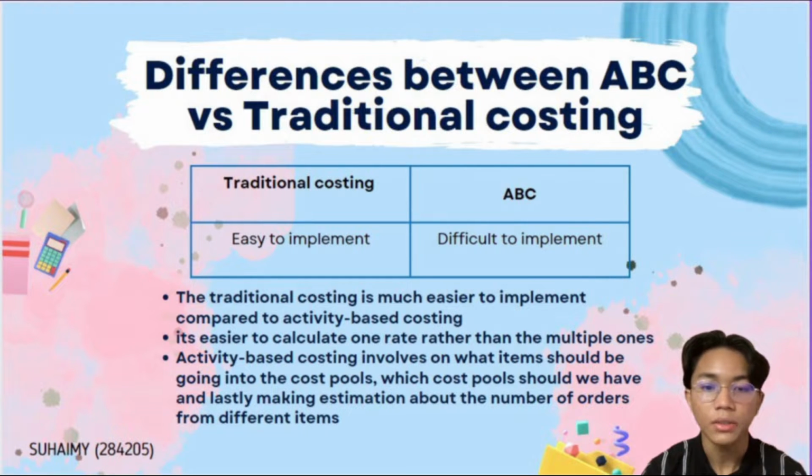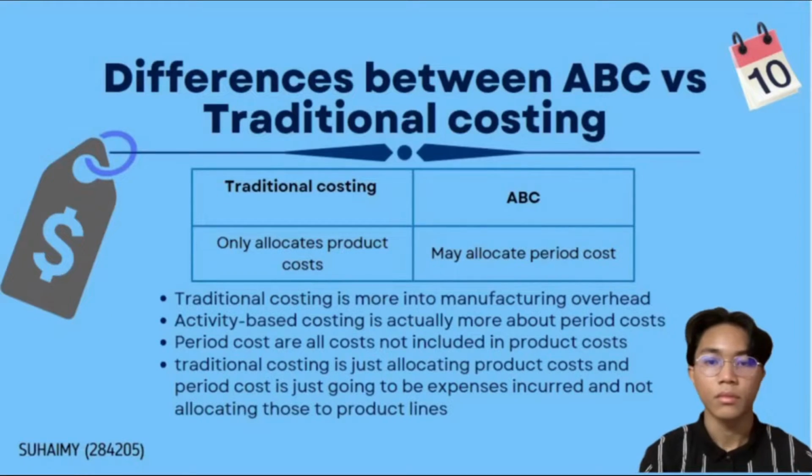Activity-based costing involves deciding what items should go into the cost pools, which cost pools we should have, and lastly, making estimations about the number of orders from different items. In conclusion, activity-based costing is a very complex system and is going to be much more difficult to implement.